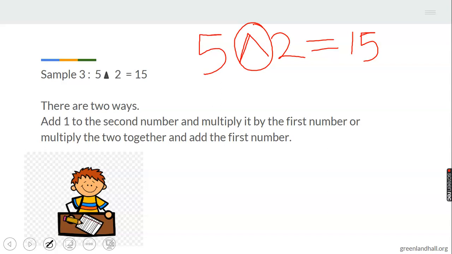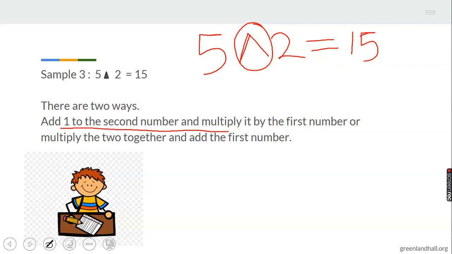You will agree with me. That means we'll use a different method to approach it. Now, when you see a sign like this, it means you should add 1 to the second number. Add 1 to the second number and multiply it by the first number.